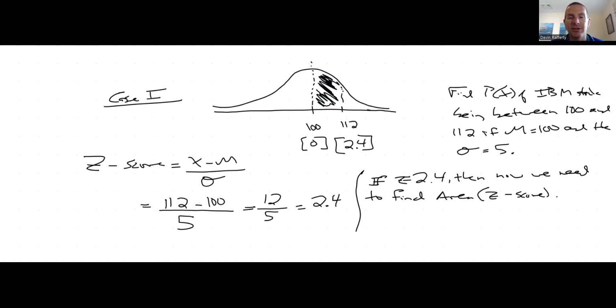We need to find the area associated with z equals 2.4.